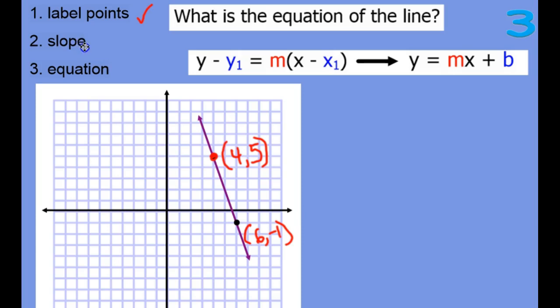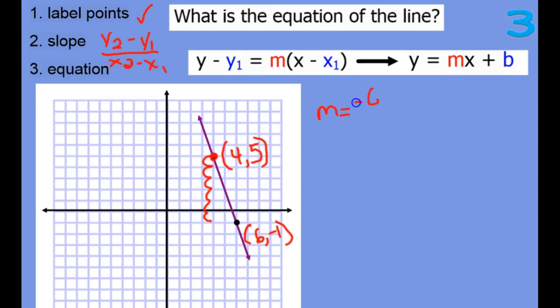Now we need to find the slope. We could find the slope with y2 minus y1 over x2 minus x1. But these are pretty easy points, so we can just count it. The line is going downhill, so our rise is going to be 1, 2, 3, 4, 5, 6, negative 6.